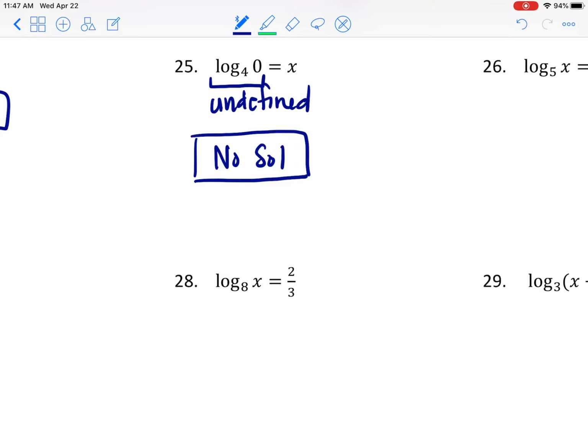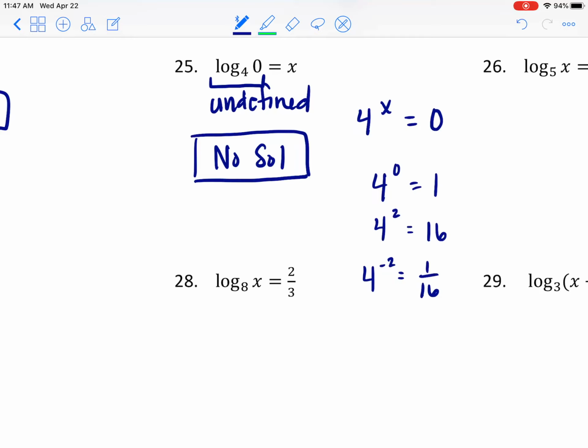Now why is this undefined? So think about what this is saying. If I put this in exponential form, right? If I rewrote this in exponential form, this is saying 4 to some power is going to make 0. Well, is there any way to raise 4 to a power and get it to be 0? Think about that, right? If I raise 4 to the power of 0, I'm going to get 1.